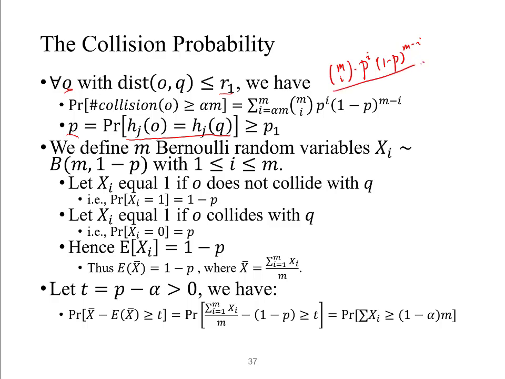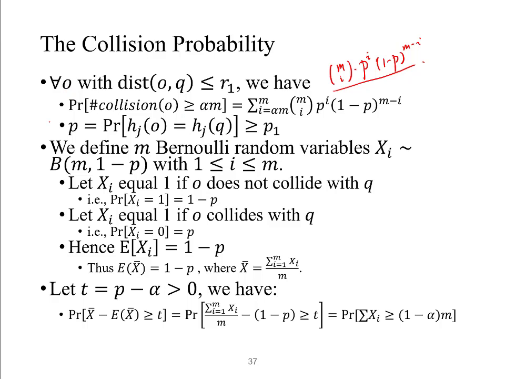This is for a single I, and we sum I from alpha m to m. So here we get the probability that the number of collisions is larger than or equal to alpha m.